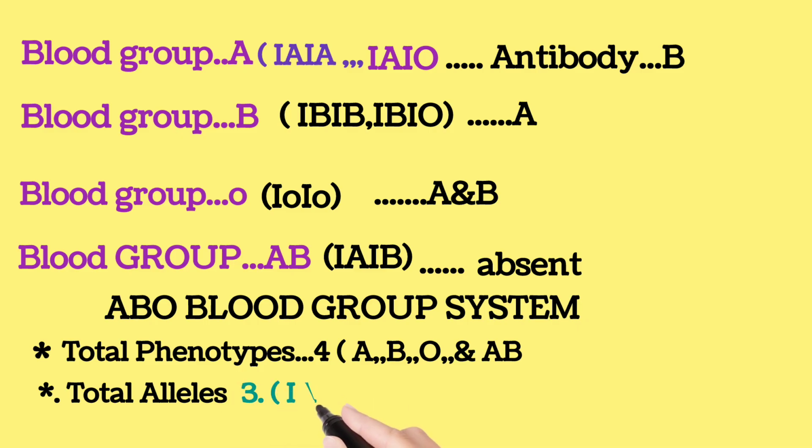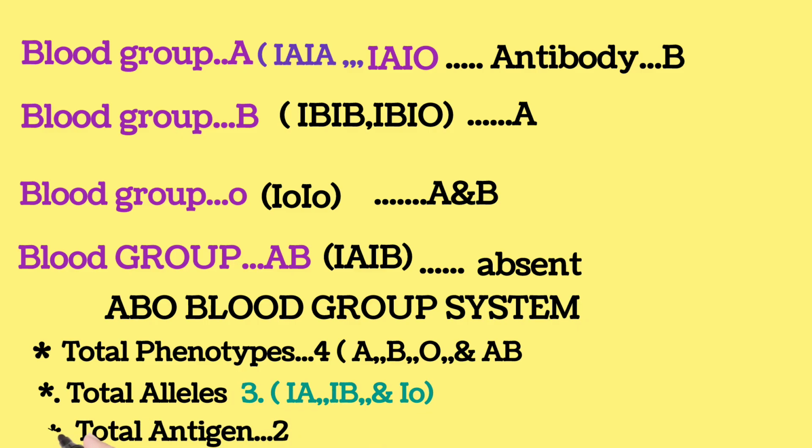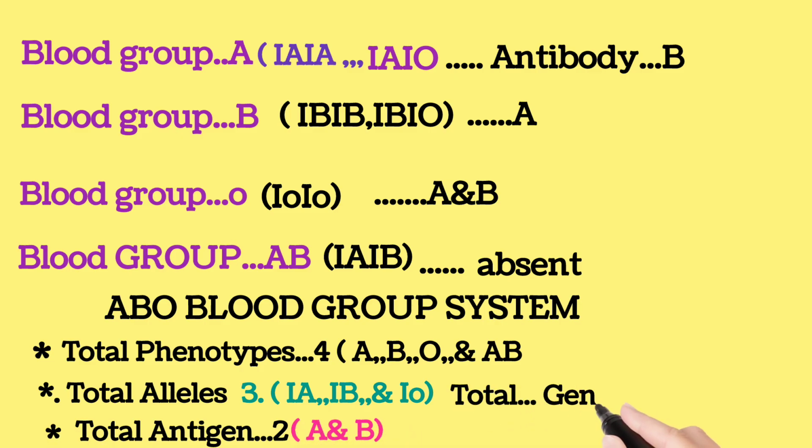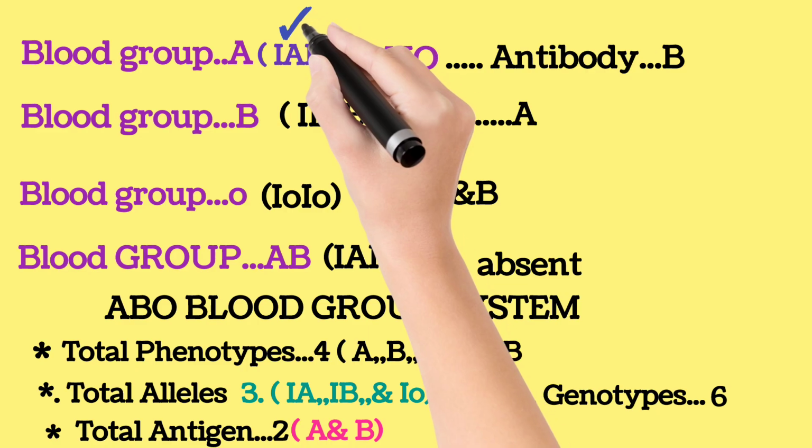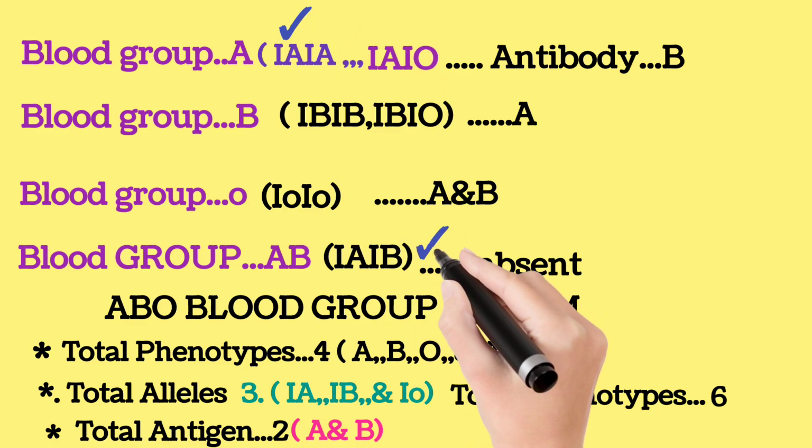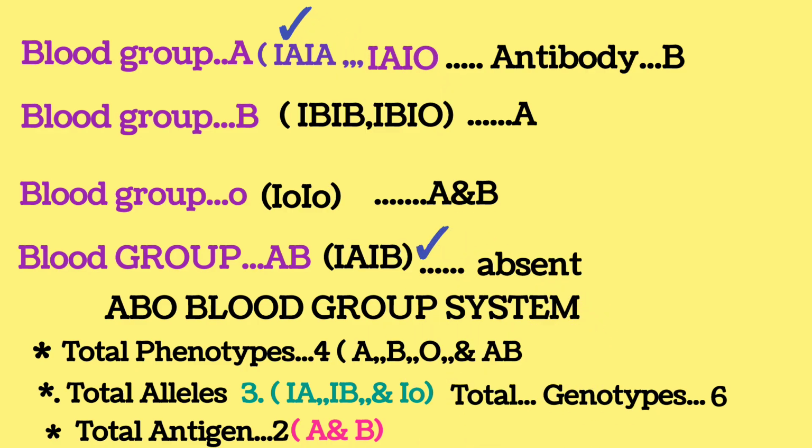Total alleles present are 3. Total antigens are 2, we can write here A and B. Total genotypes are, you can count, 6. Blood group A has 2, and accordingly up to blood group AB. Now here we can add total antibodies present are 2.